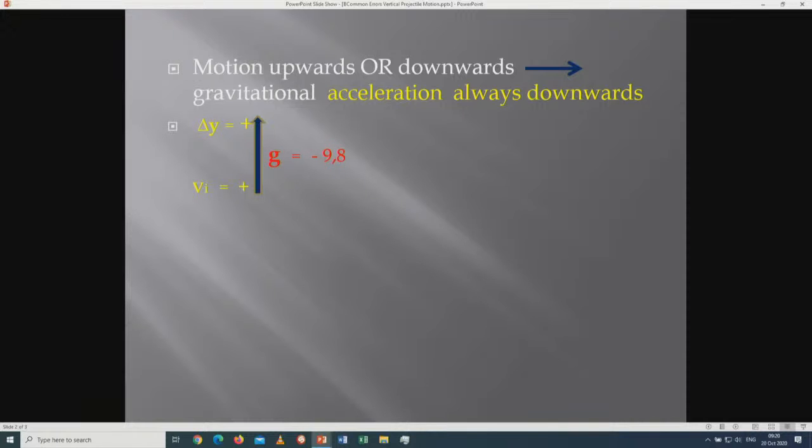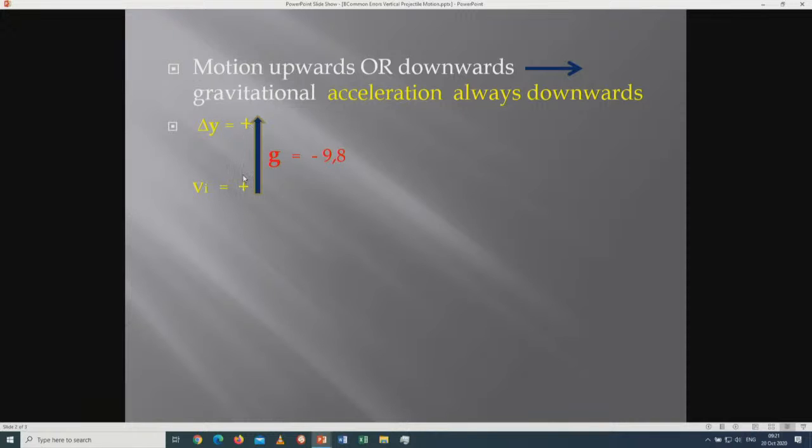For instance, for awarding signs, if you have a ball being thrown up in the air and you must do some calculation for the first part, I've indicated here on the example, you can see that I've chosen upwards as positive. Therefore, the initial velocity will be a positive value.